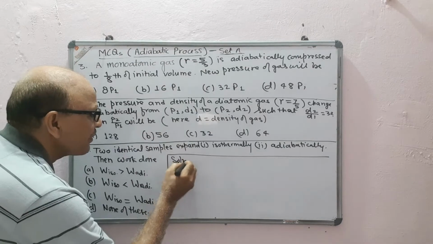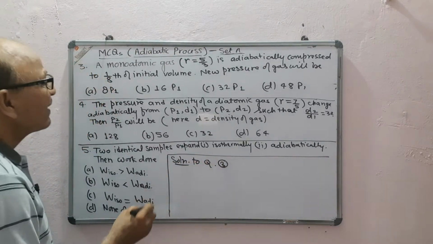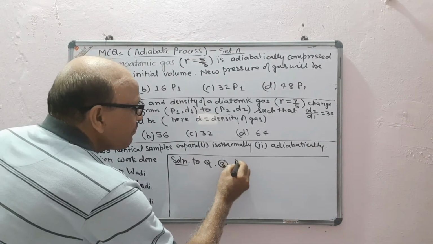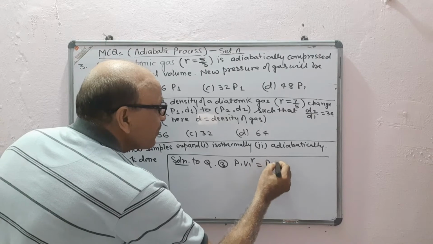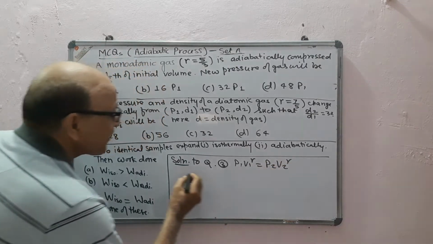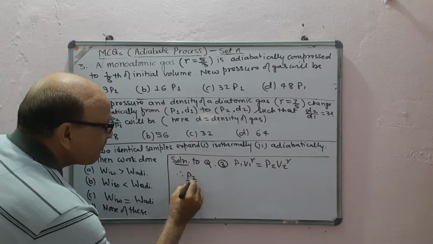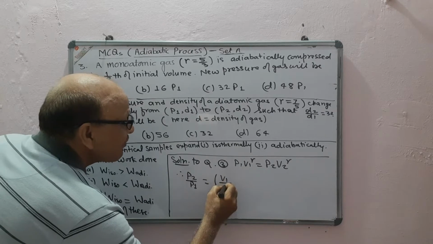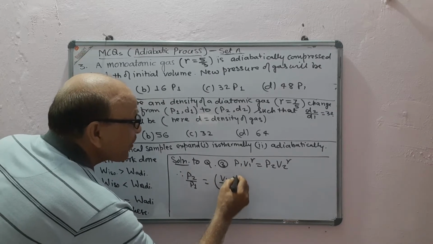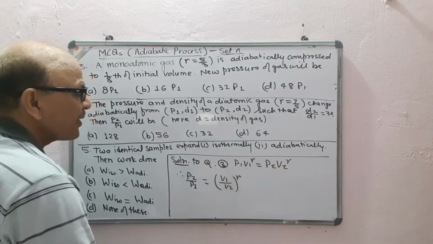Solution to question 3. P1 V1 to the power gamma will be equal to P2 V2 to the power gamma. Therefore, P2 upon P1 will be equal to V1 upon V2 whole power gamma.